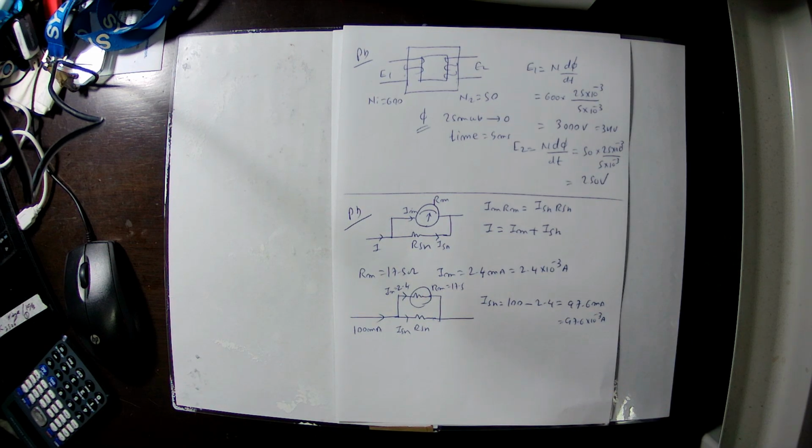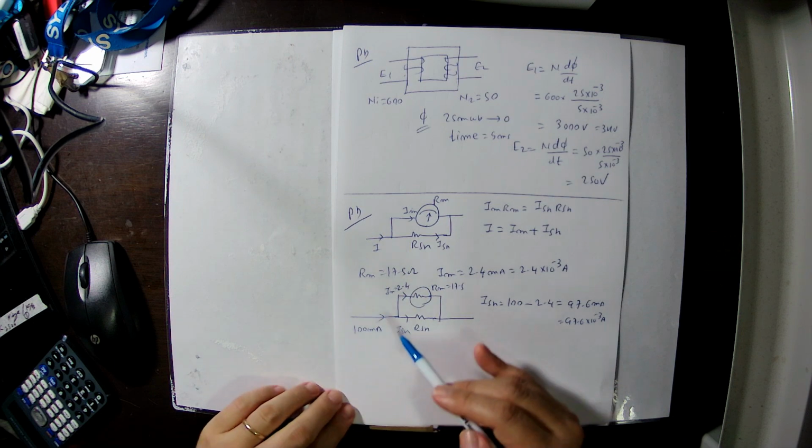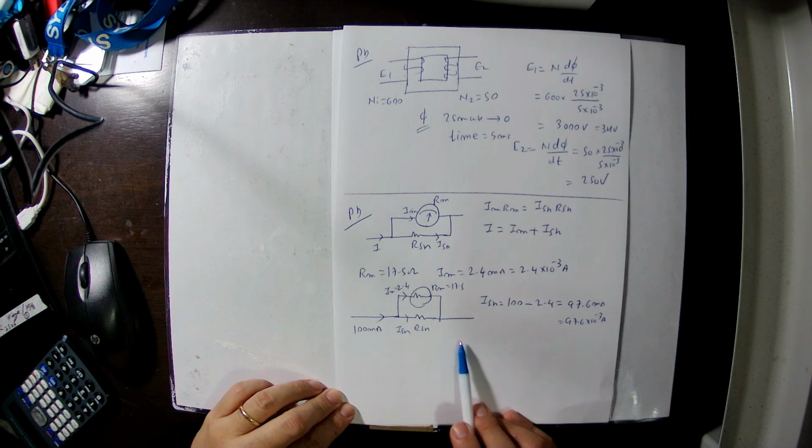This is a parallel connection, so the voltage in the meter equals the voltage in the shunt.